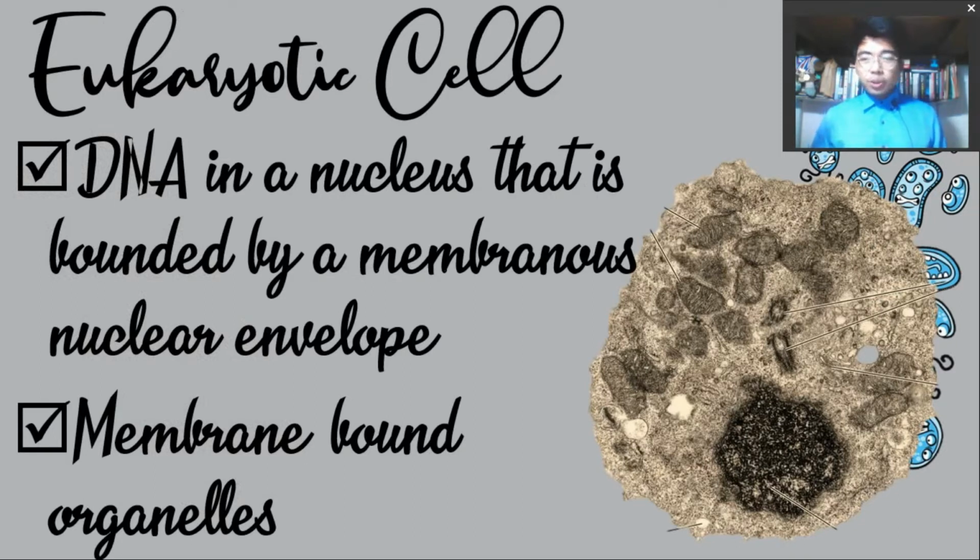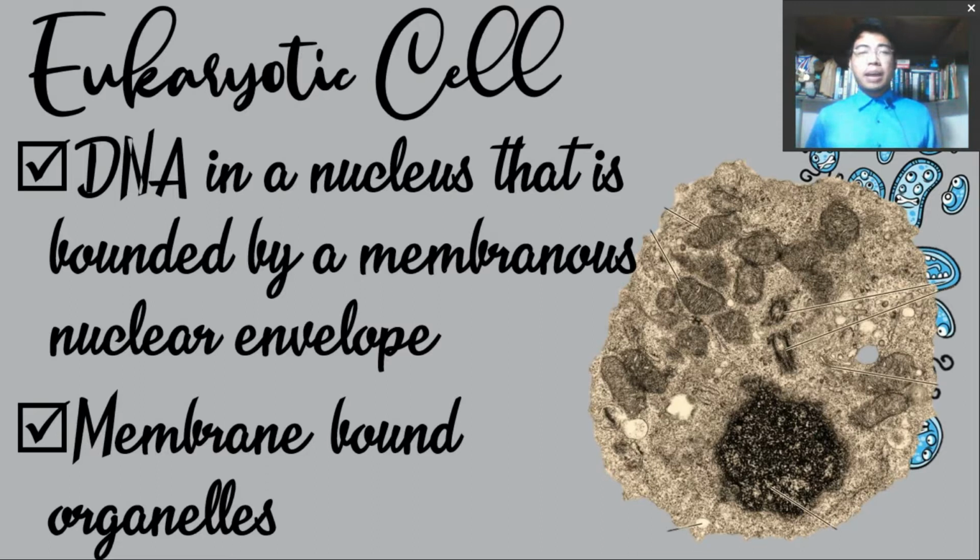Then, if you observe page number 7 of your module, you're going to see the process of how eukaryotic cells were created from the primitive prokaryotic cells by means of the process known as enfolding, or the folding of the membranous part of the plasma membrane towards the interior of the cell, now enveloping the DNA or the genetic material that is present in these prototype cells.